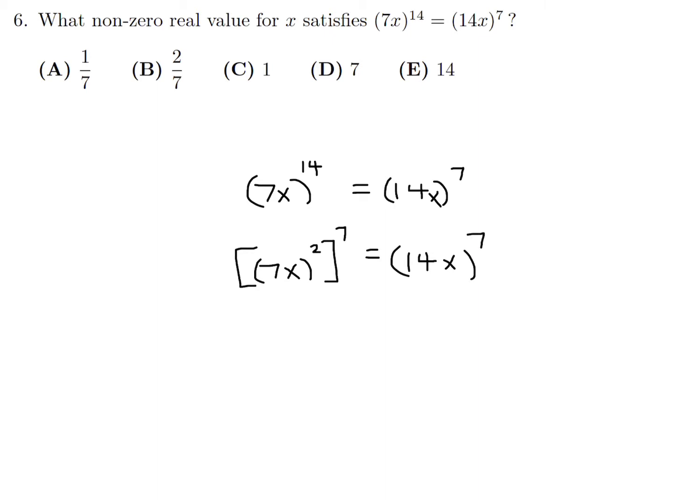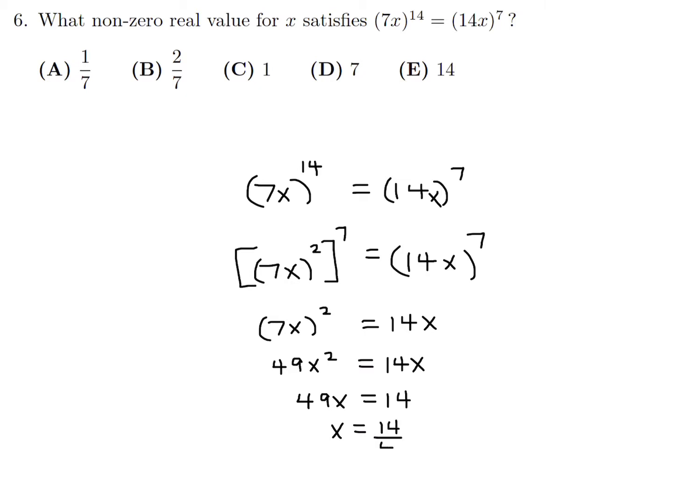And since the exponents are the same, I can get rid of them and just concentrate on what is left. So that means 7x all squared is equal to 14x. Correct? So that means 49x squared is equal to 14x. I can divide both sides by x, and that leaves me with 49x is equal to 14, and therefore x is equal to 14 over 49. And if you divide both the top and bottom by 7, that will leave me with 2 over 7. So number 6, the answer is B.